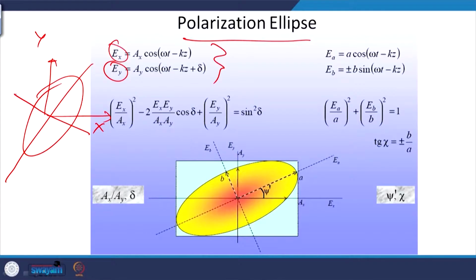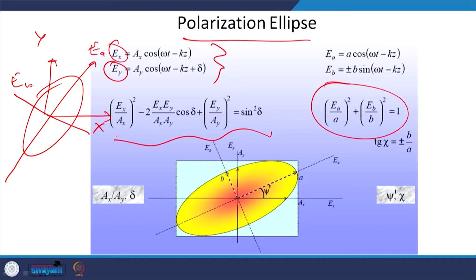If we consider the axes along the major and minor axes of the ellipse, then it will be Ea and Eb, and then it will be a very simple equation, right. This is the equation of the ellipse. If you have it in terms of x and y, you will have this one.